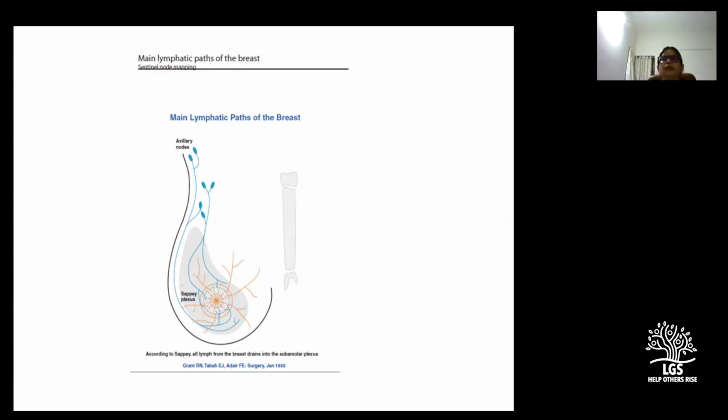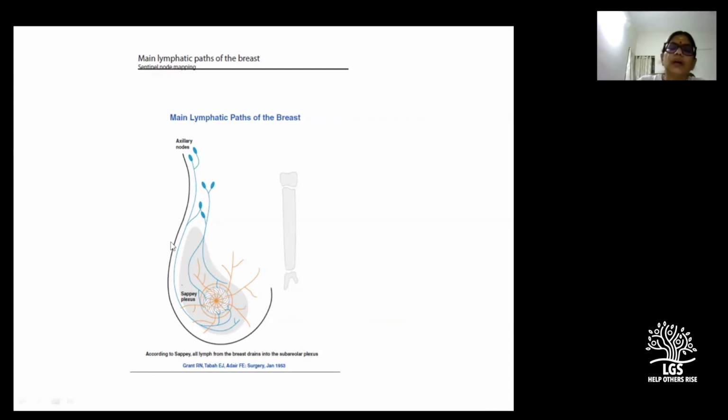This is how you divide the levels of the axilla. A classical modified radical mastectomy would involve removing all 3 levels of axillary lymph nodes, and that is the only thing that makes this surgery challenging. Otherwise, removing the breast tissue is hardly a surgical challenge.